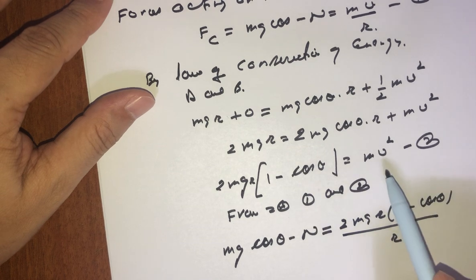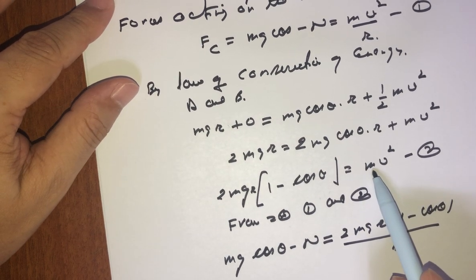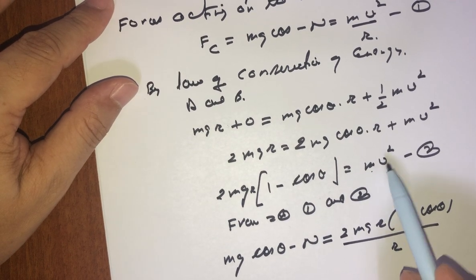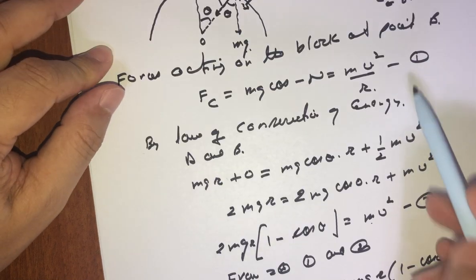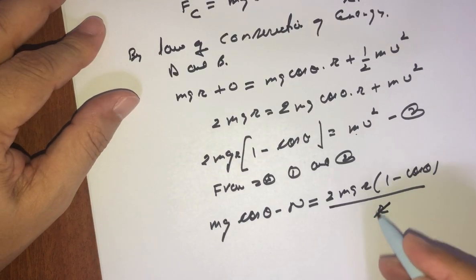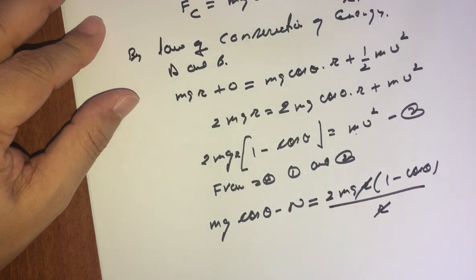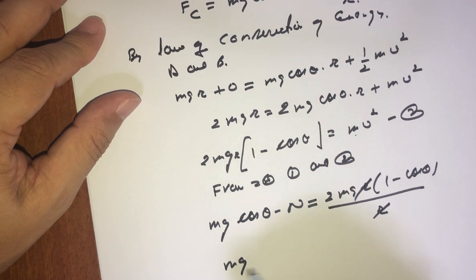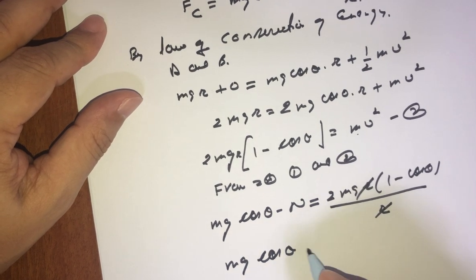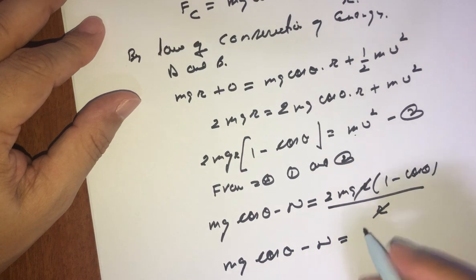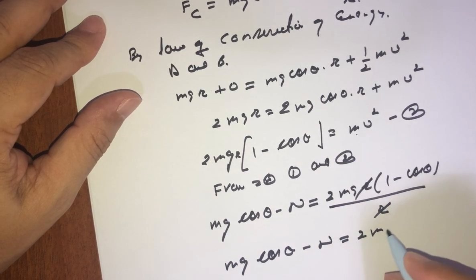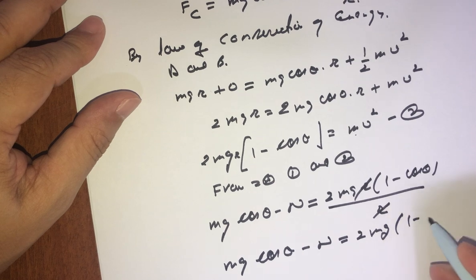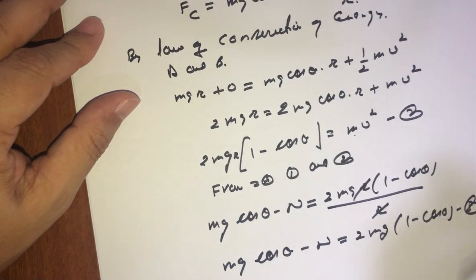What we did is simply substitute the value of mv square in equation 1. So here r cancels out with r, and we get mg cos theta minus N is equal to 2mg(1 minus cos theta). Let us call this equation number 3.